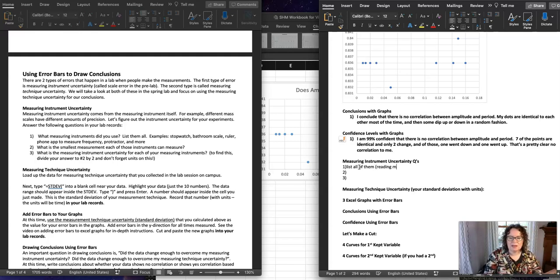And by the way, reading masses off the masses themselves counts as a measuring instrument, even though that's kind of a little bit awkward. It does count as a measuring instrument. So let's just talk about that one, right? I'll answer number 2 with that one in mind.